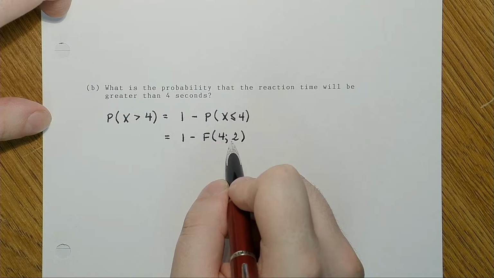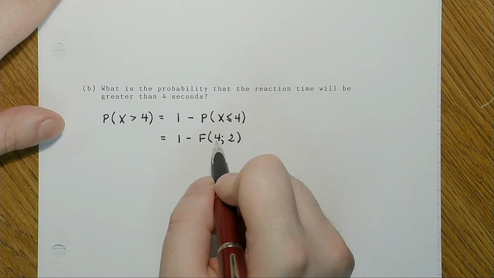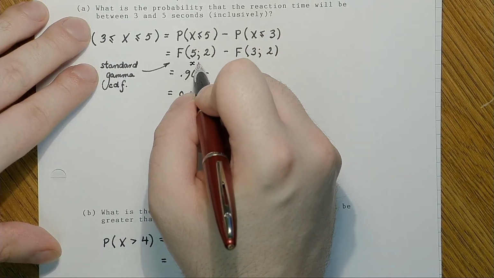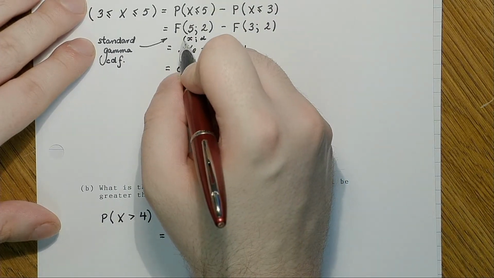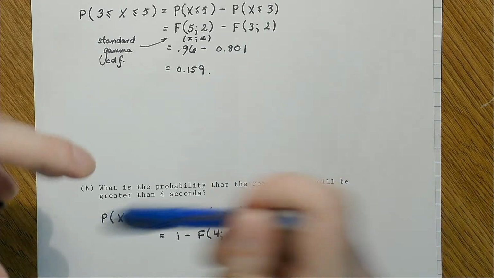So I need again the standard gamma CDF, where this one is x, and up here, this is alpha.